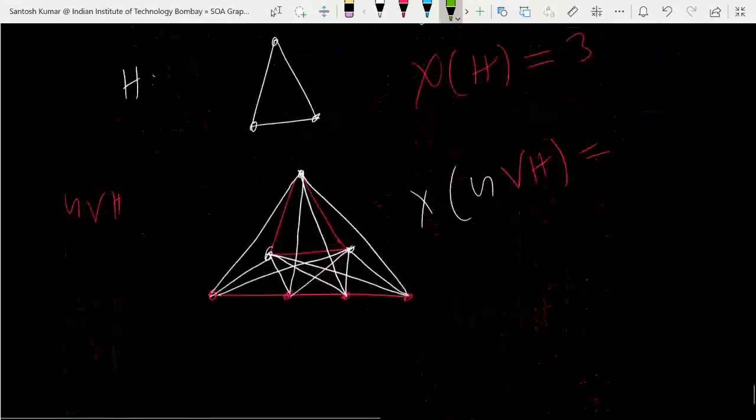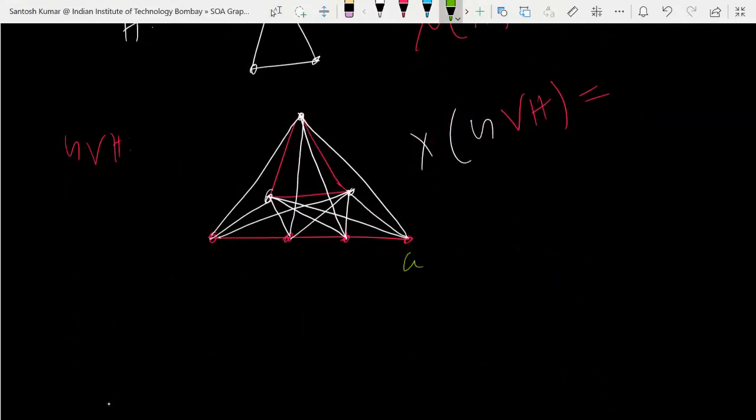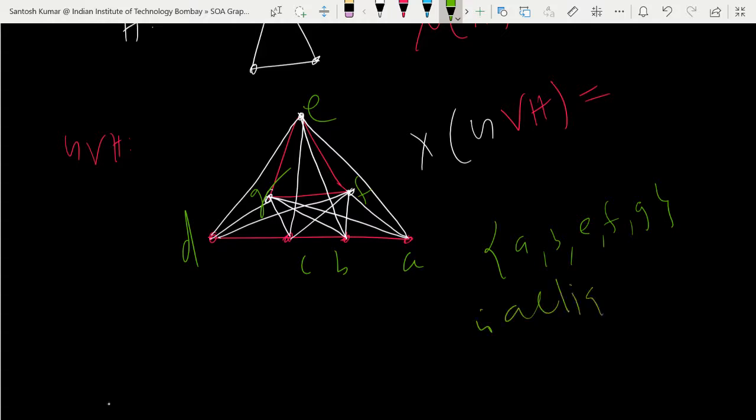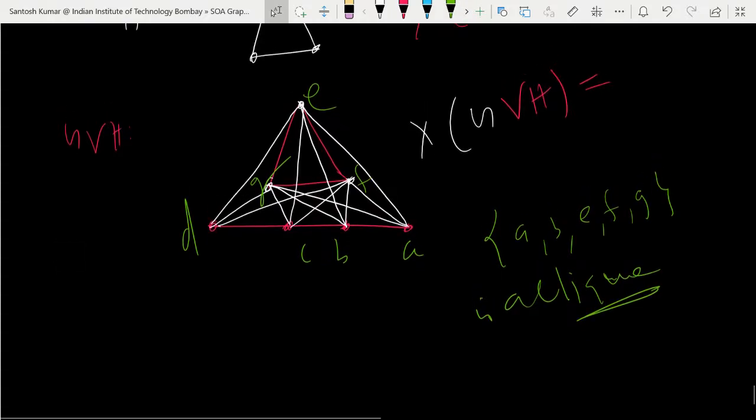Same here, you can check. If I name it A B C D E F G, so if I name it A B E F G, check this. This is a clique, or you can say this forms K5, because every clique is a complete graph.